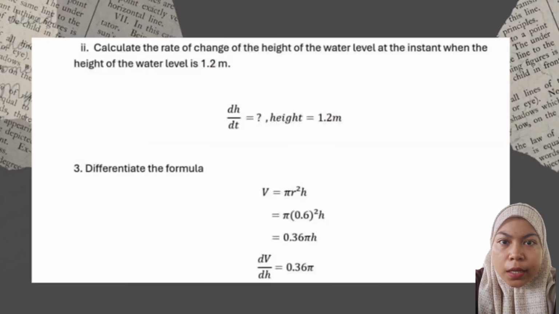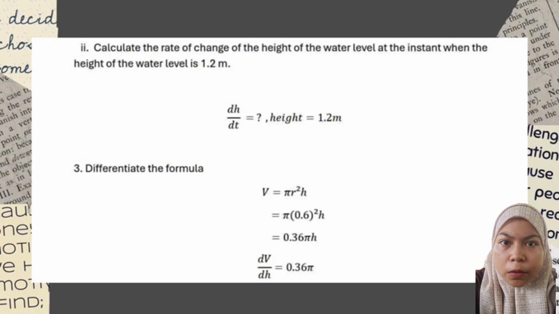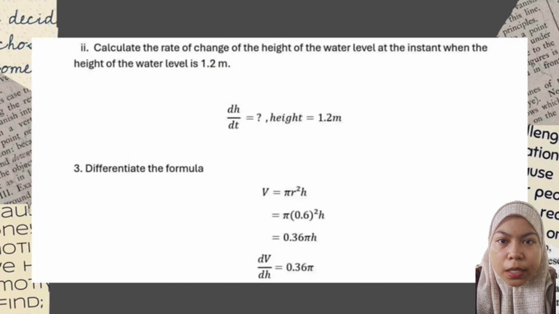Second, calculate the rate of change of the height of the water level at the instant when the height of the water level is 1.2 meters, which means we have to find dH over dt when the height given is 1.2 meters. Step 3 is differentiate the formula, which is volume equals pi r squared h.